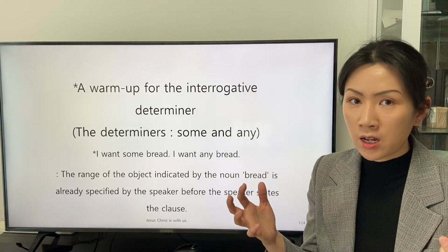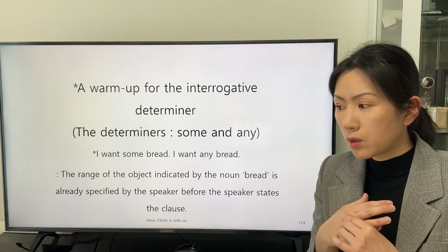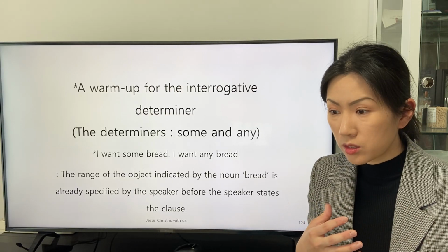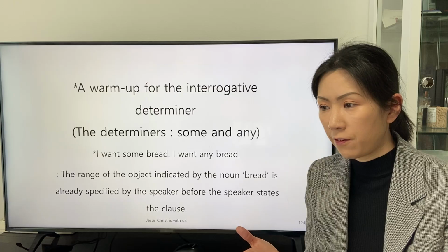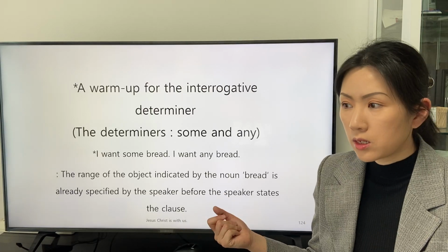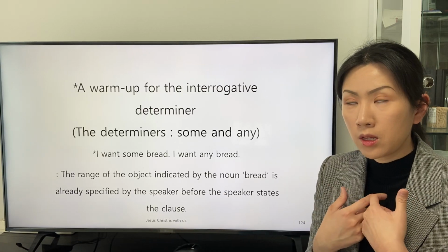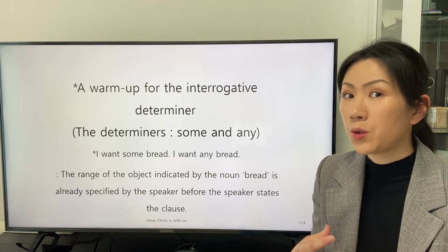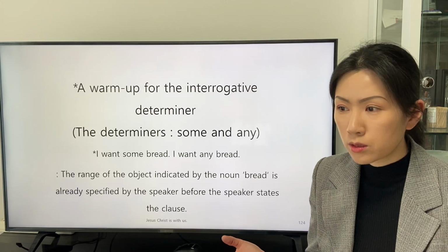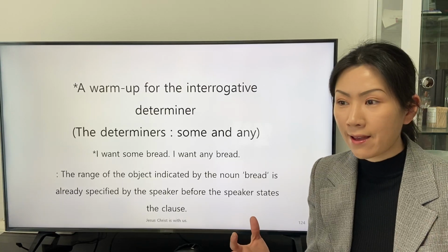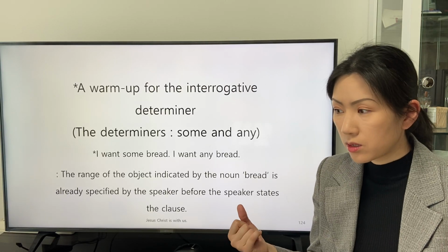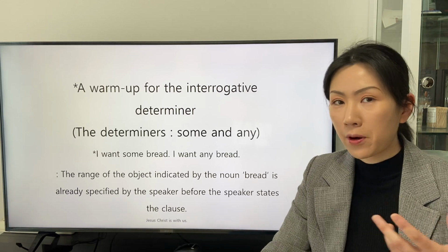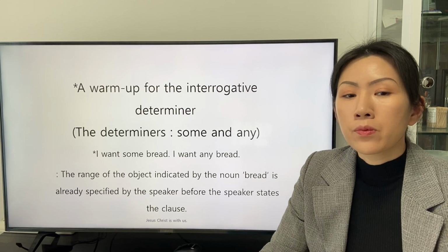The speaker does not specify a sort of bread. We can imagine the situation of the speaker like he or she is very hungry, so he or she can have any food, any bread that is in front of the speaker.